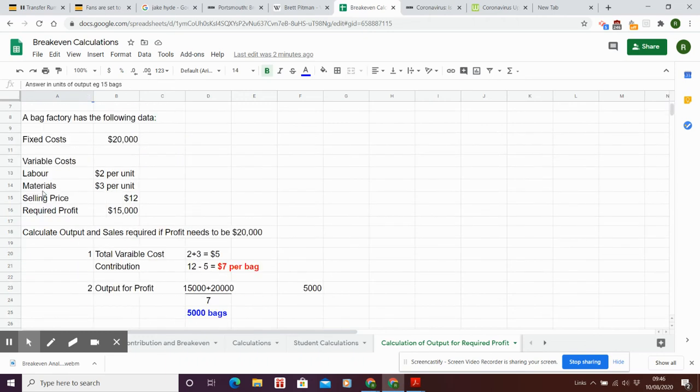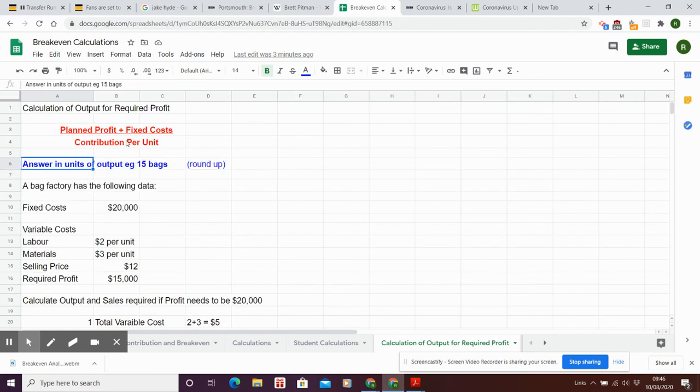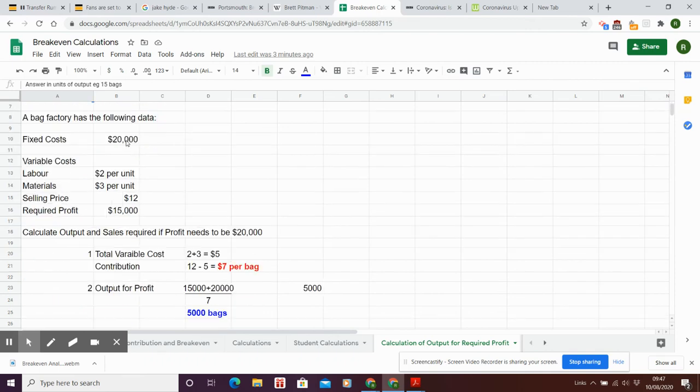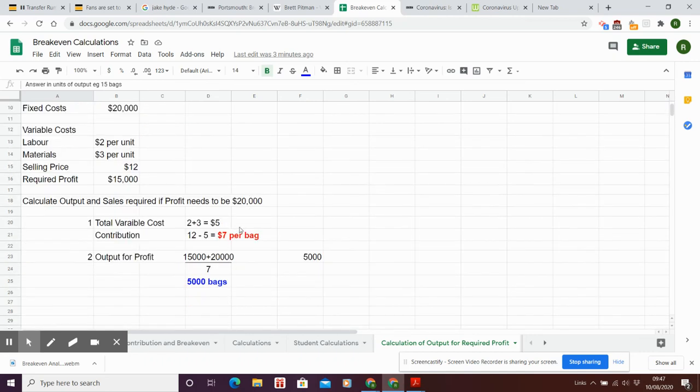Okay, so we'll do the calculations. I won't go through again the calculation of the contribution because we still need the contribution per unit to do the calculation. So the contribution per unit stays at $7 per bag, but the key thing here is we do the planned profit plus the fixed costs divided by the contribution per unit.